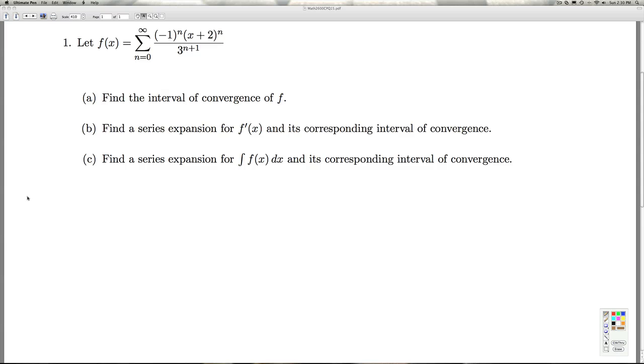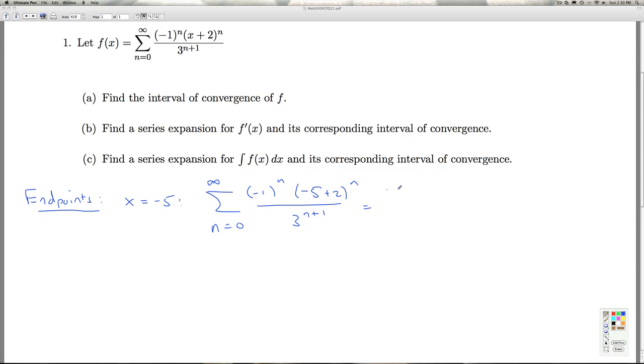So for endpoints, let's plug in x equals negative 5. So I'm replacing x in my formula for f of x. And then I simplify.